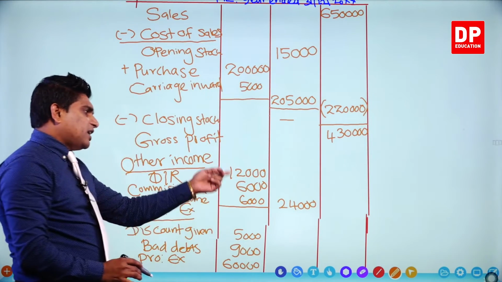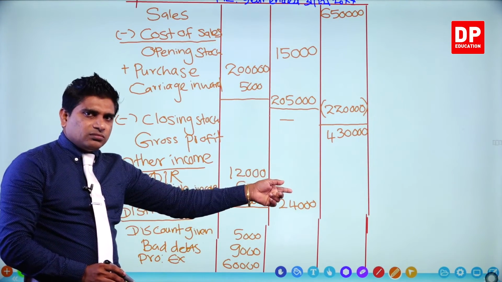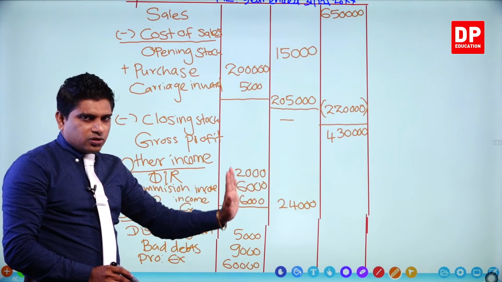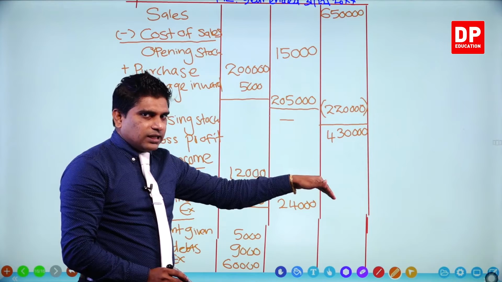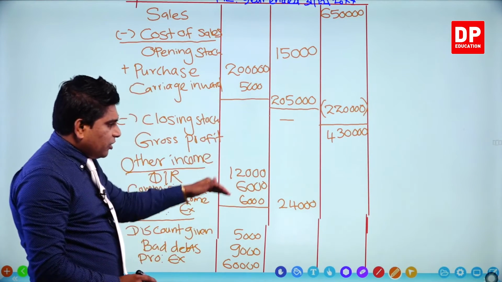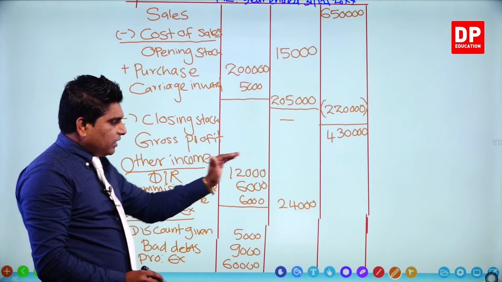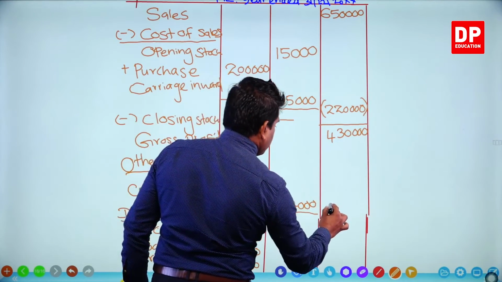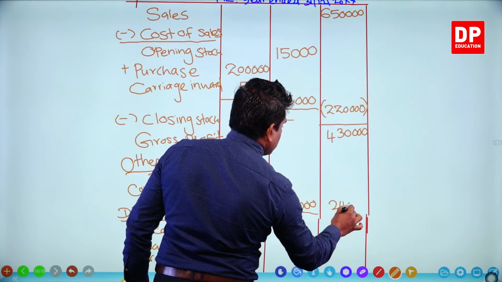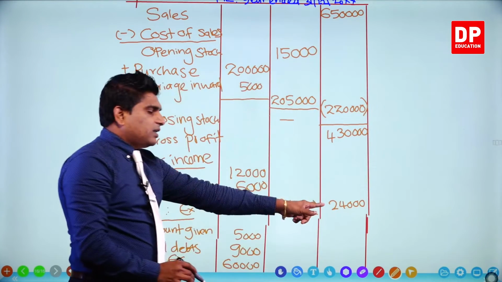You can write these in the second column, that method is also correct, then bring the answer to the third column. This is the other income, this is the gross profit.